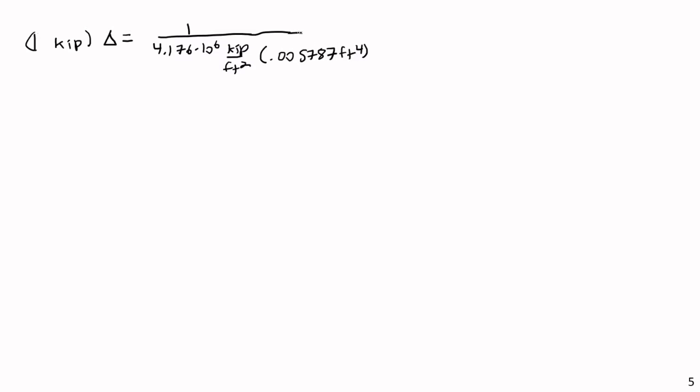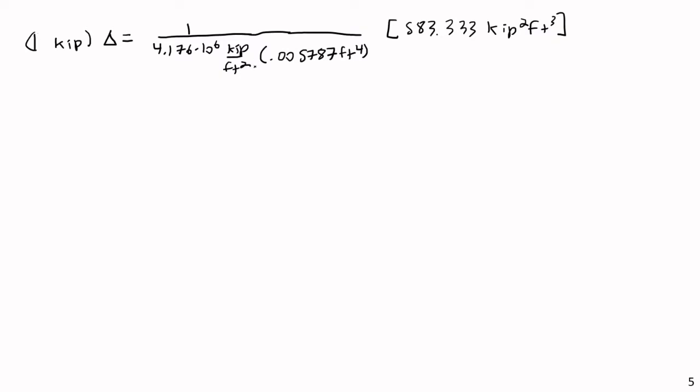That's our moment of inertia I. And then times the combined term that we found previously of 583.333 kip squared foot to the 3rd.